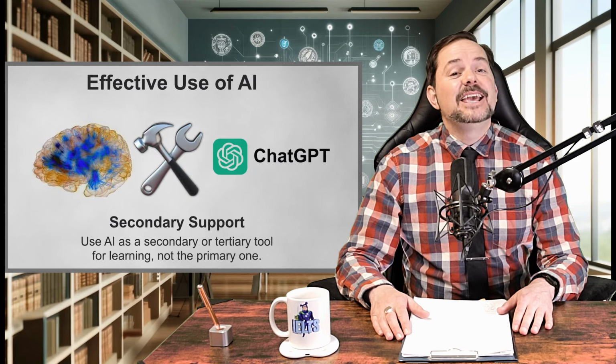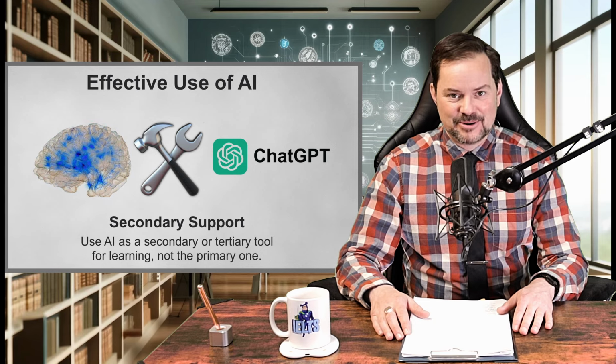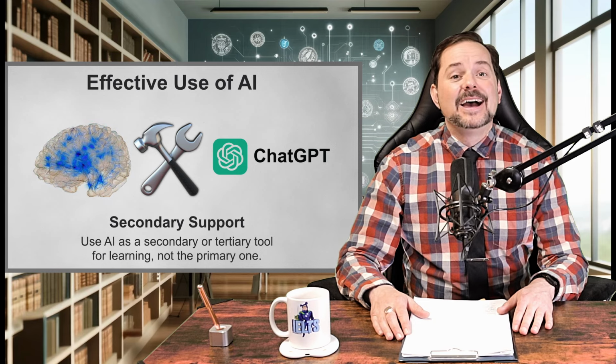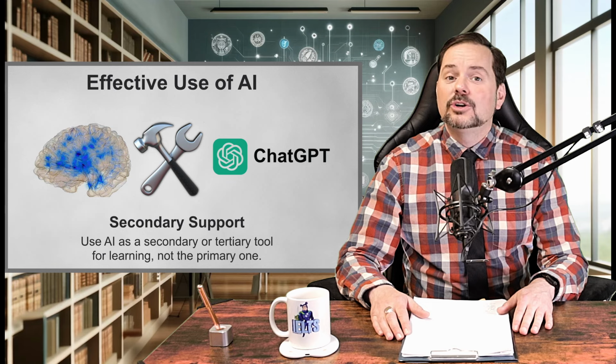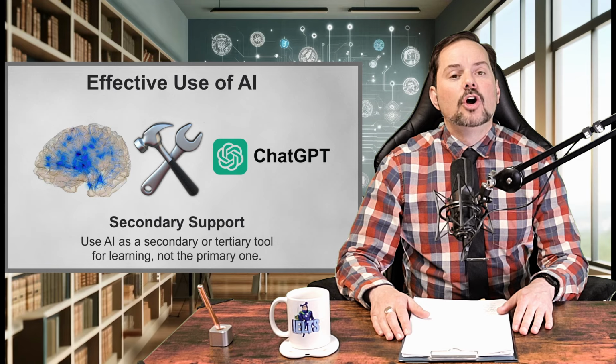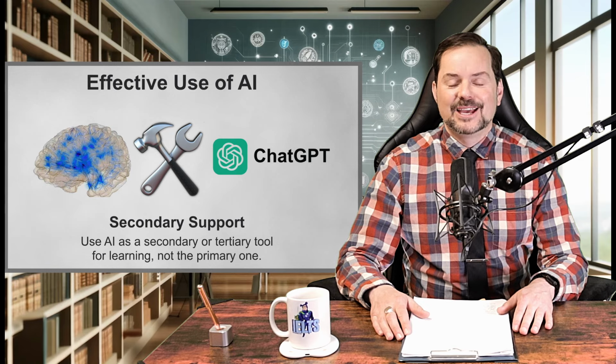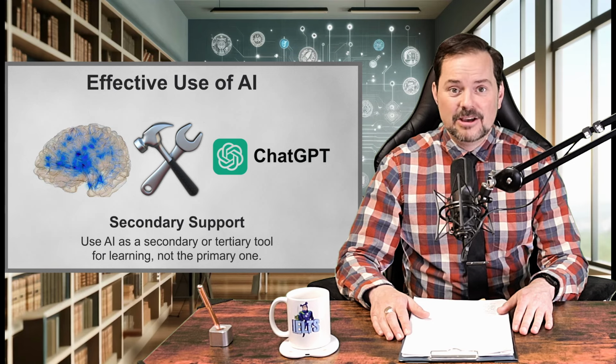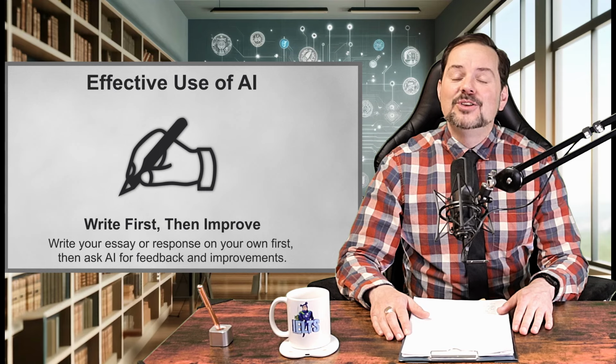As such, it is a much better approach to use AI as a secondary or tertiary support to your learning, meaning that you should always rely on your thinking first. If you wish to write an essay on the topic of the environment, first of all, write it on your own.